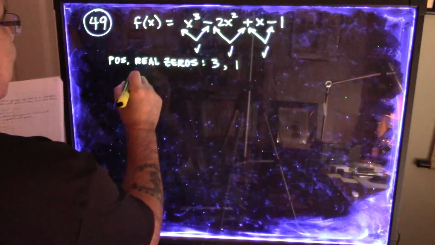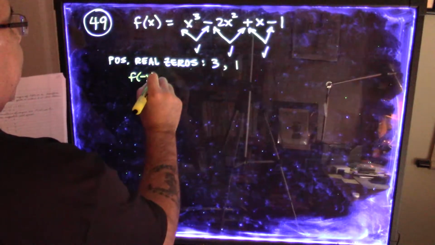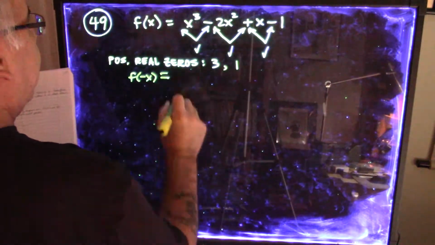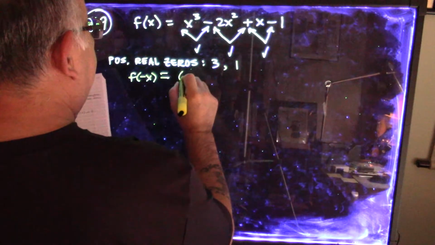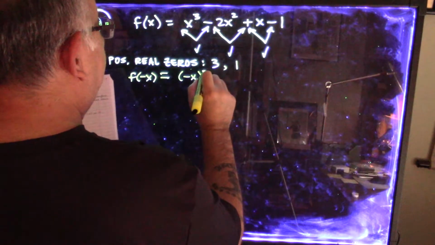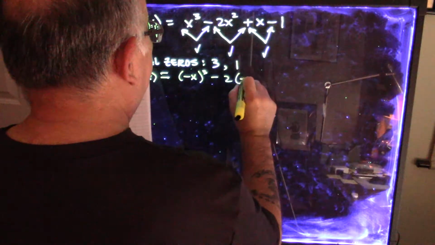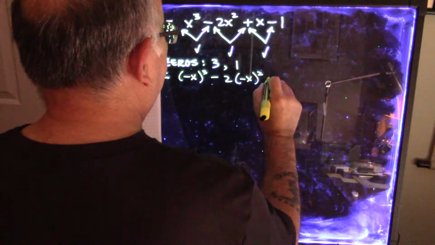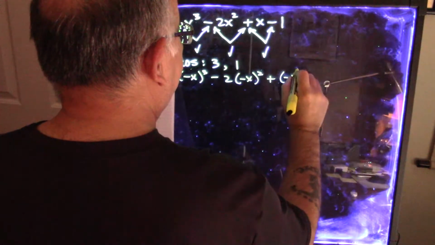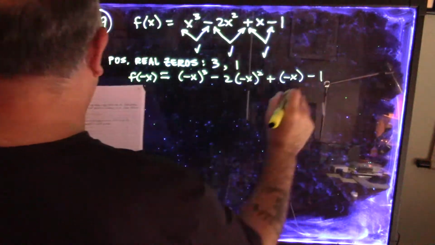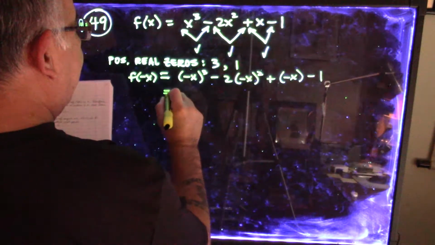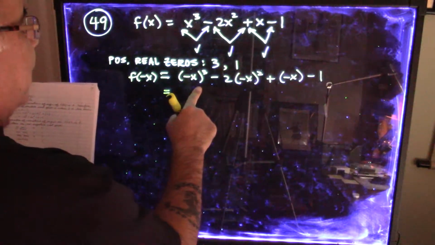What's f of negative x? So that's negative x cubed minus 2 negative x squared plus negative x minus 1. Alright? Now, negative x cubed is still negative x cubed.